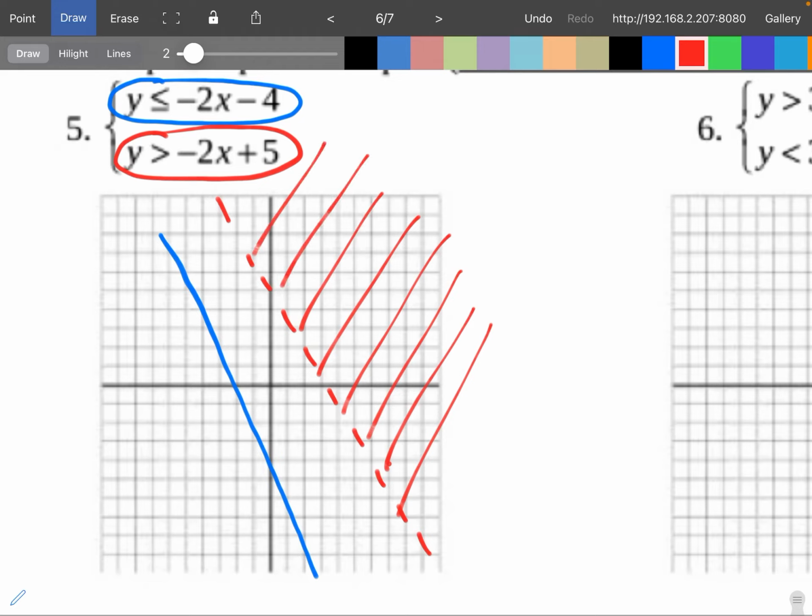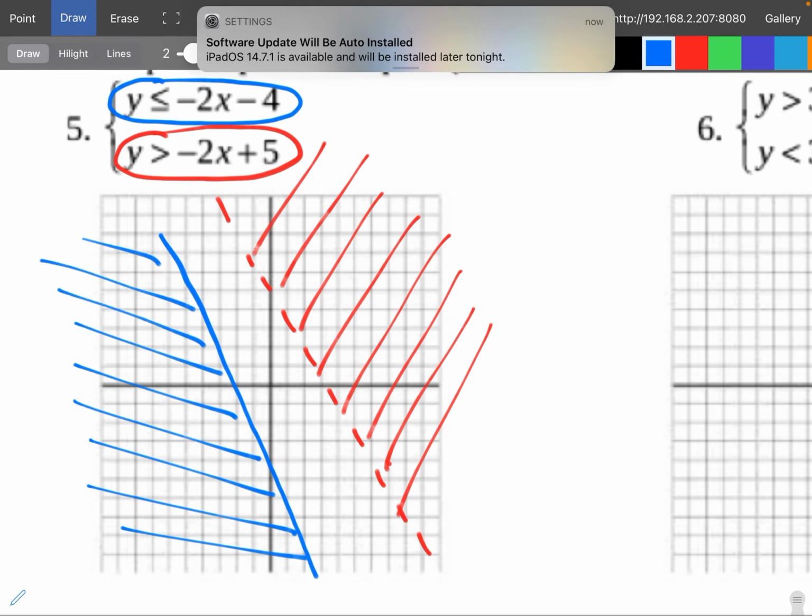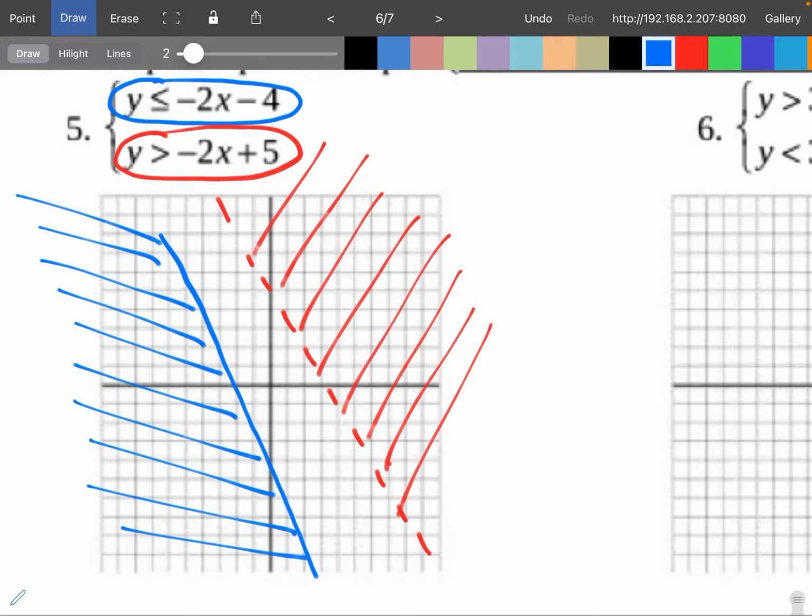And then the other one, we'll do that one in red. This one's going to be a dotted line. That also has a slope of -2 and a y-intercept of +5. So that's going to be up here somewhere. But it's going to be dotted. And if we went through all the work, what we would find is that the red one would be shaded above.